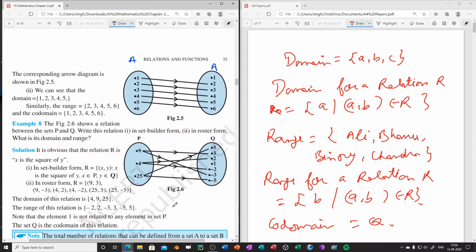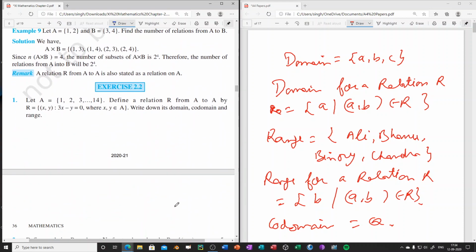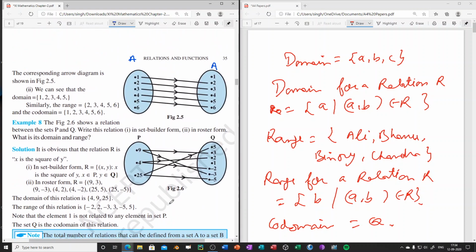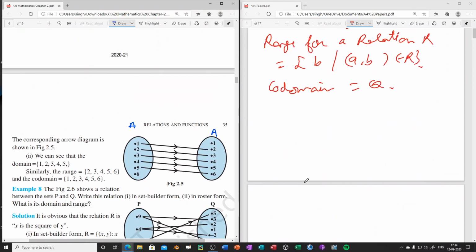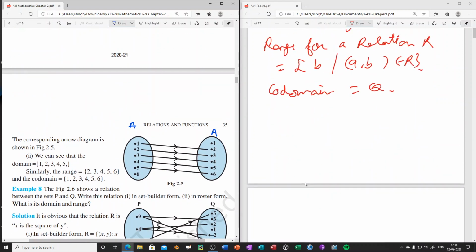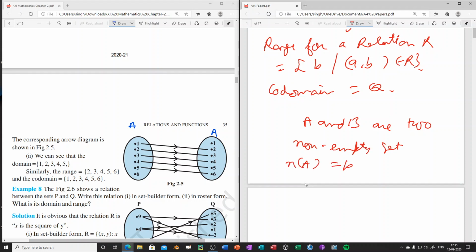So now next we will go to the exercise. And before that, let us see how many elements there can be in a relation. Suppose A and B are two non-empty sets, and suppose n(A) equals p and n(B) equals q.